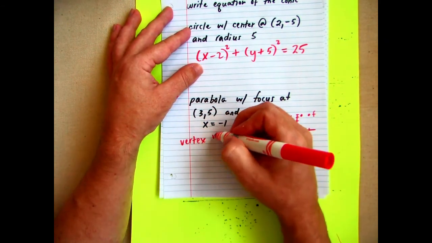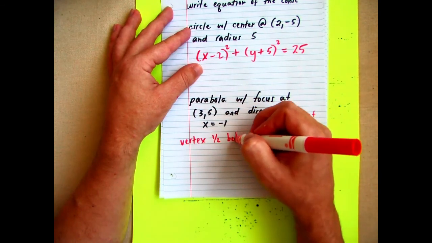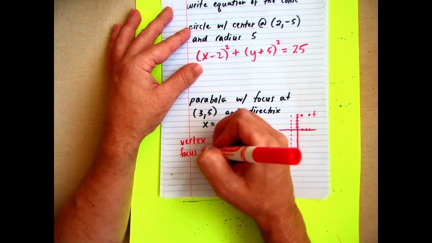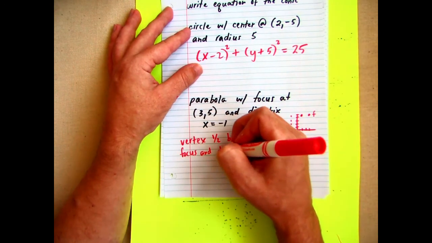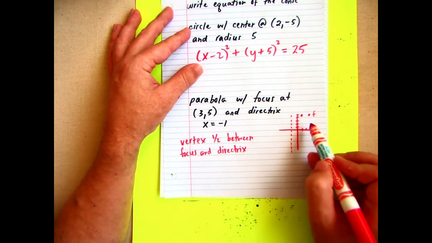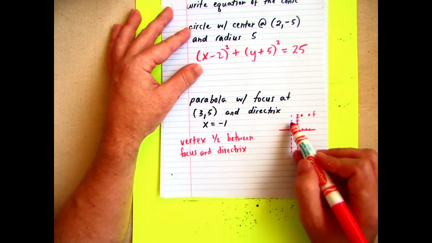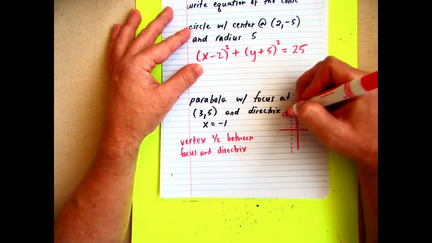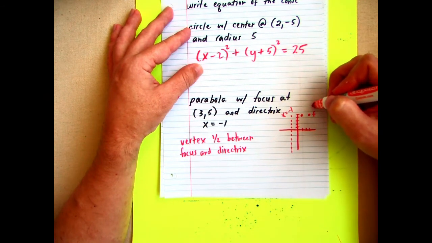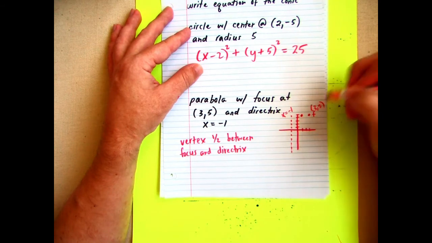Not only that, but the vertex is going to be halfway in between the directrix and focus. So let's look at those x values. The directrix is -1. The focus is 3. So what's halfway in between -1 and 3?